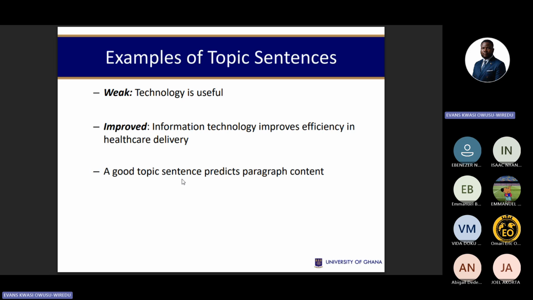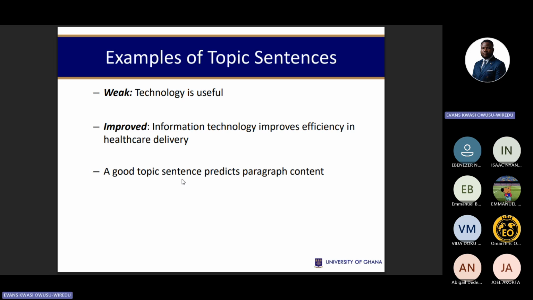Okay. Information technology improves efficiency in healthcare delivery. It's talking about the usefulness and the particular importance of information technology, and how it has been efficient and useful to our health, and even the delivery of the healthcare system, right?